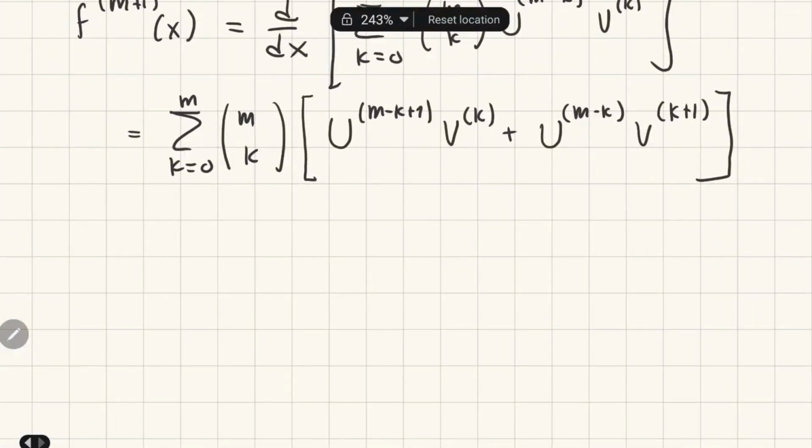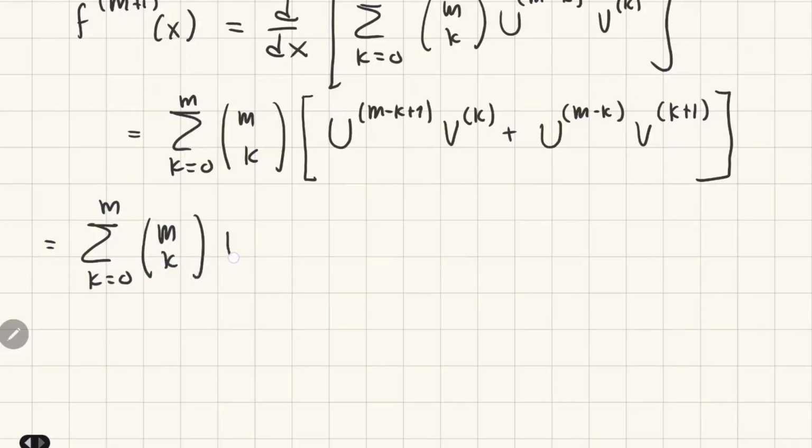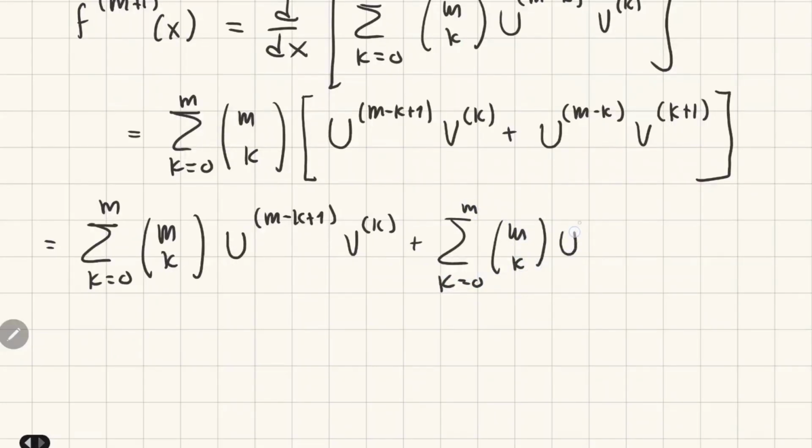So what I'm going to do here, to see the process in an easier way, is split this sum into two sums, right? So this will be the sum from k equals 0 up to m of m choose k, u to the m minus k plus 1, v to the k, plus the sum from k equals 0 up to m of m choose k, u to the m minus k, v to the k plus 1.